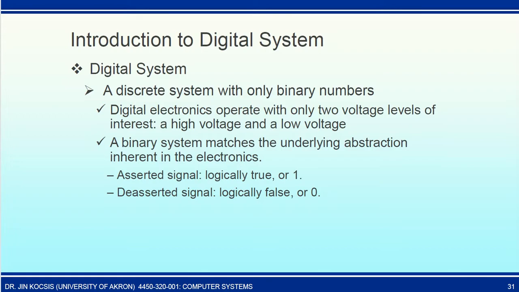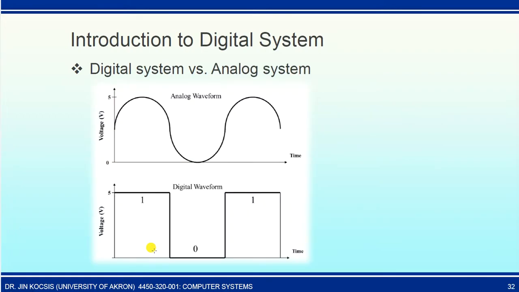Therefore, when we talk about computer architecture, all of that is digital systems, right? From the hardware perspective. And all those digital systems are discrete digital systems, and only involve binary numbers.